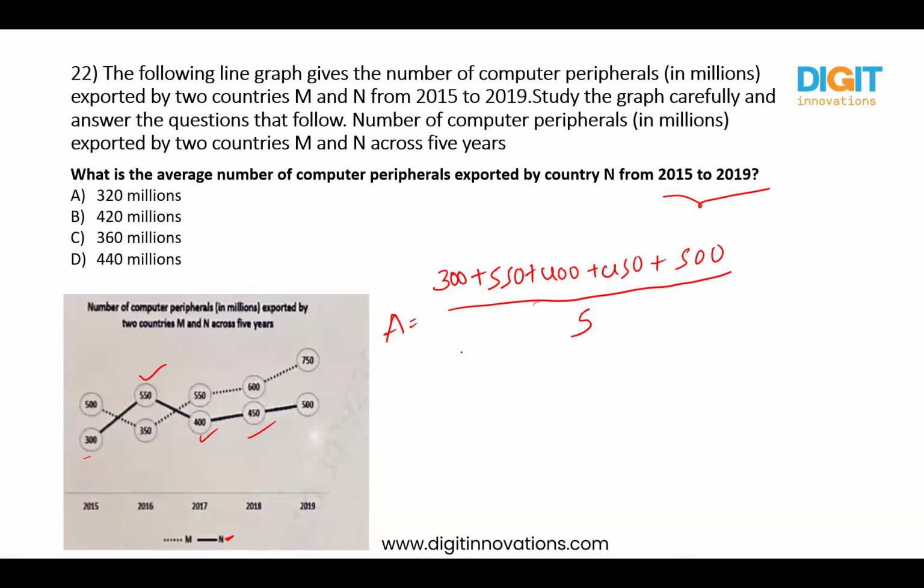It is 5. Total how much is it? 550, 400 and 450, which is 2200 by 5, which is 440 millions. Option D is the correct answer.